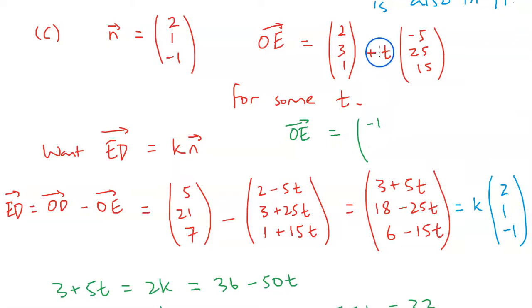And we have 3 plus, so 3/5 of 25 is 15. So this one will be 18. And then this last one is 1 plus 3/5 of 15, which is 1 plus 9, which is 10. Alright, so that's our OE coordinate.